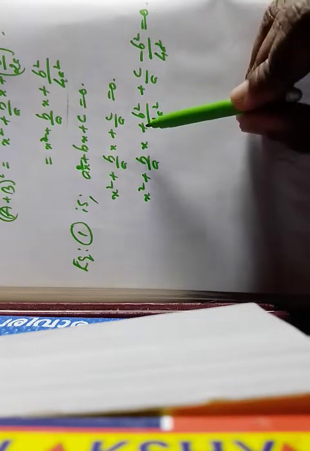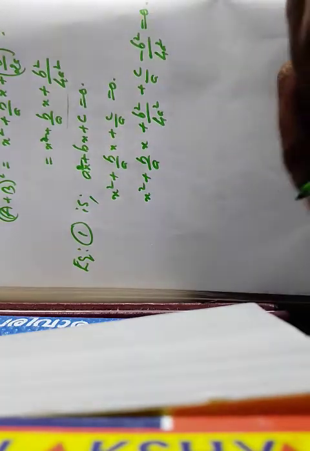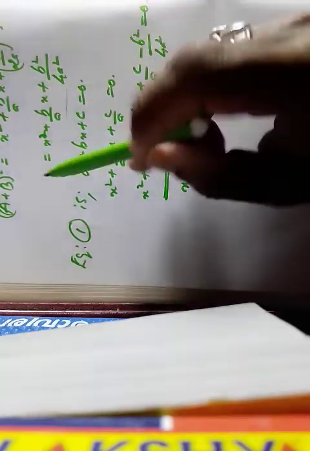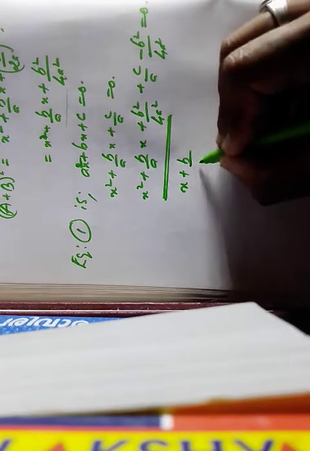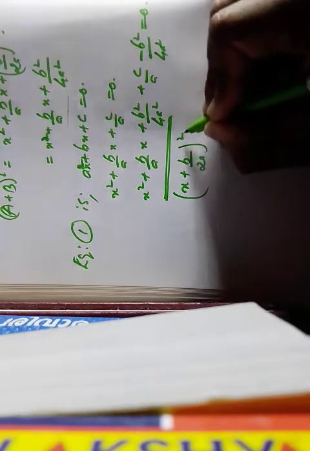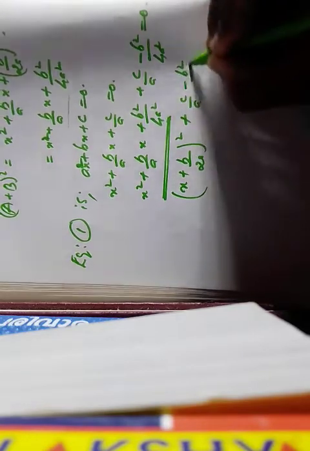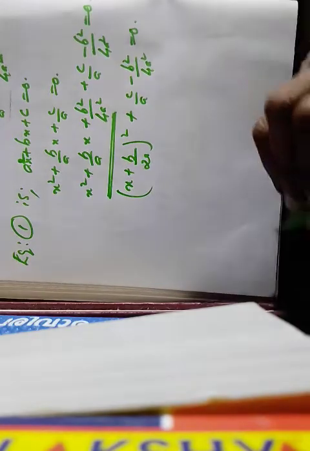So the real value of the LHS remains the same. Then x plus b by 2a the whole square plus c by a minus b square by 4a square is equal to 0.